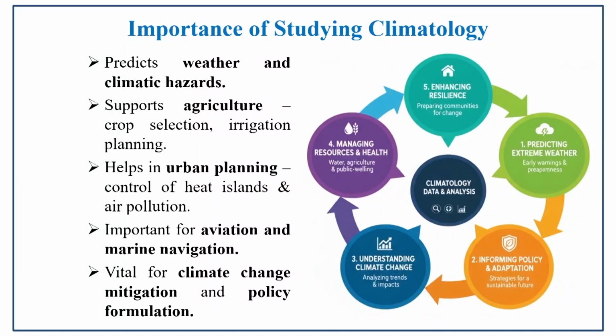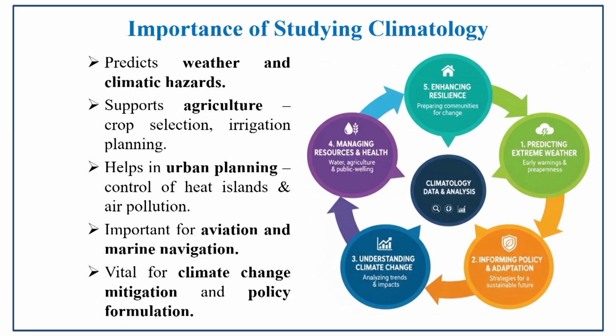It is also important for aviation and marine navigation. How is climatology important for aviation and marine navigation? To fly the aircraft, the weather condition is most important. If there is turbulence, fog, or any weather disturbances, climatological knowledge will help the flight to fly at a lower cost and in a safer way.